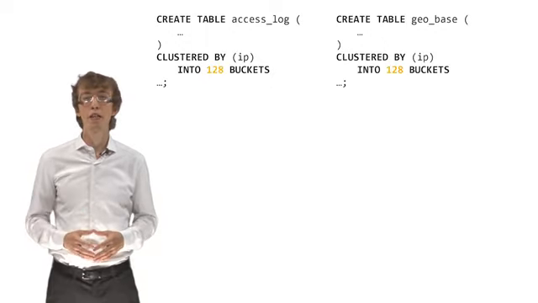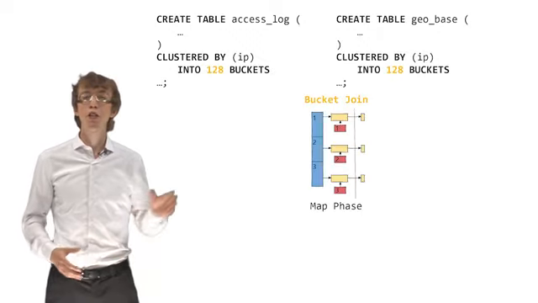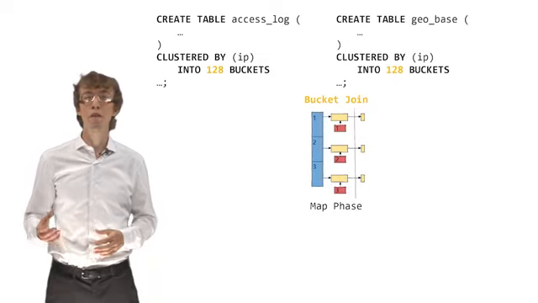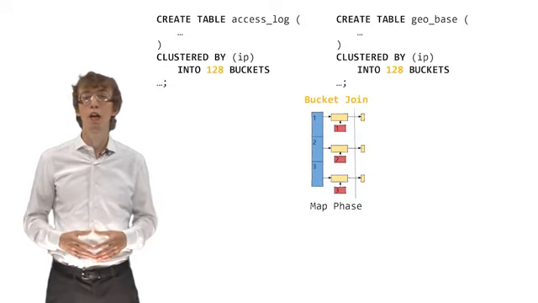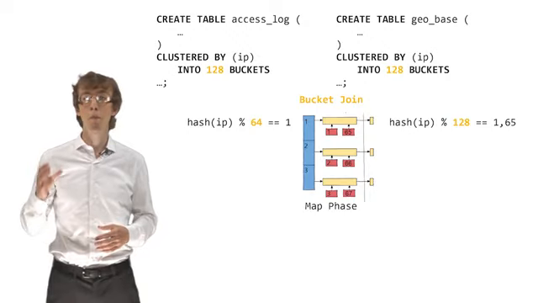The simplest case is if two tables have the same number of buckets. Each mapper processing a file split from a big table retrieves only the corresponding bucket of a small table to complete the join task.